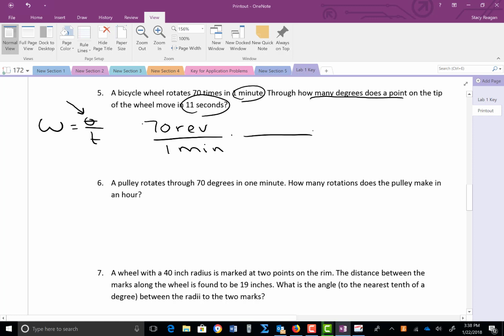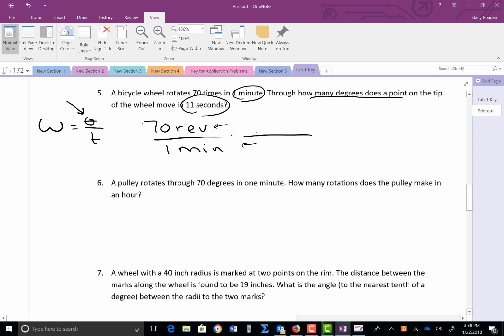Now, once we get it per 1 second, we can multiply that answer by 11 for 11 seconds. But for this one, we need to be able to make a conversion. We could do some dimensional analysis, and when you cancel things out with fractions, if something's on the top and you want it to cancel, you'll need to put it on the bottom to make it cancel.